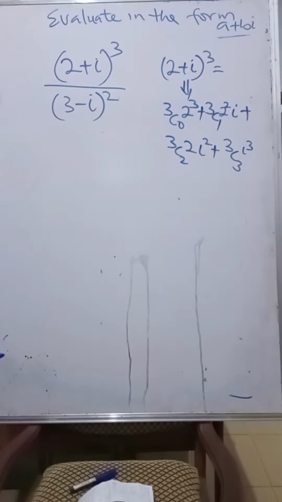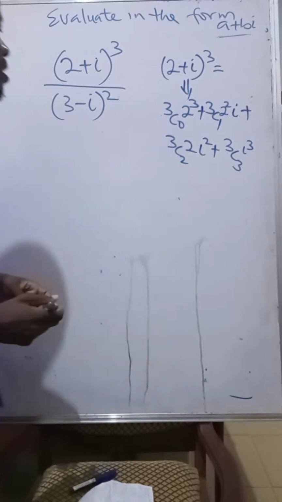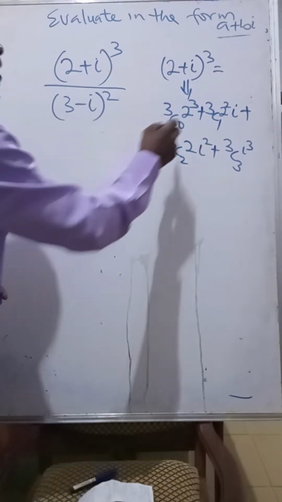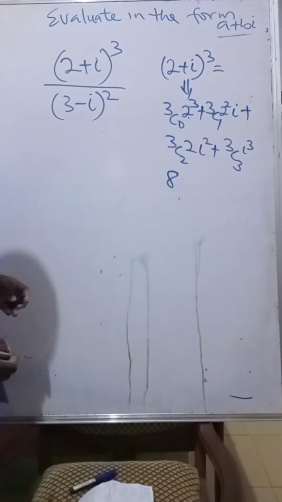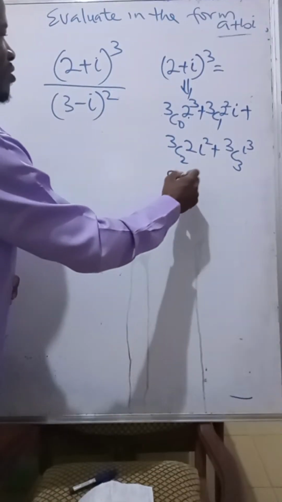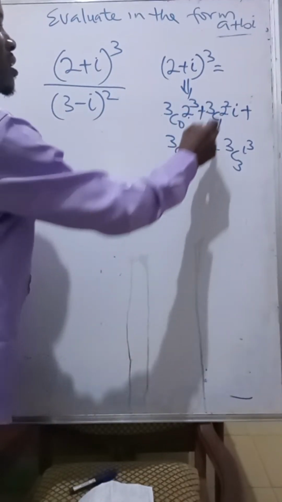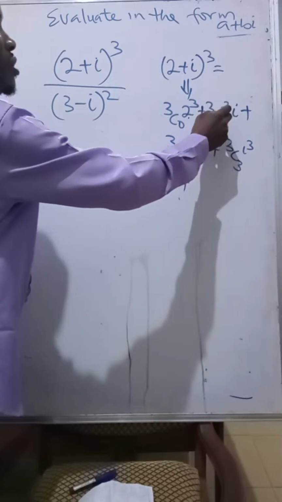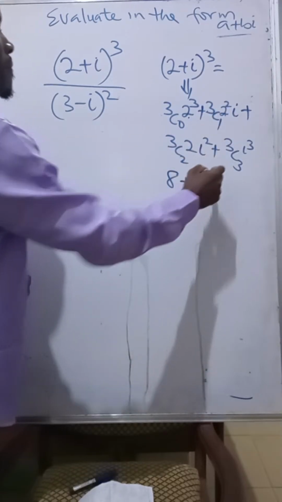That's the binomial expansion. Then 3 combination 0 is 1, so we have 8 in this place. Then plus 3 combination 1 is 3 times 2 squared, making that 12i.